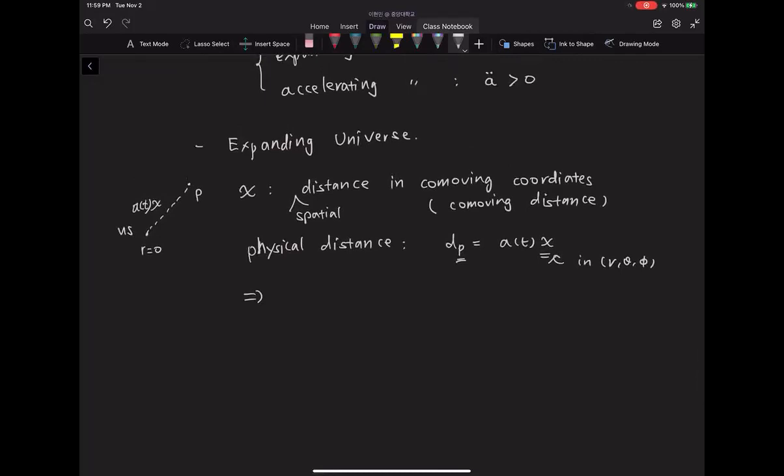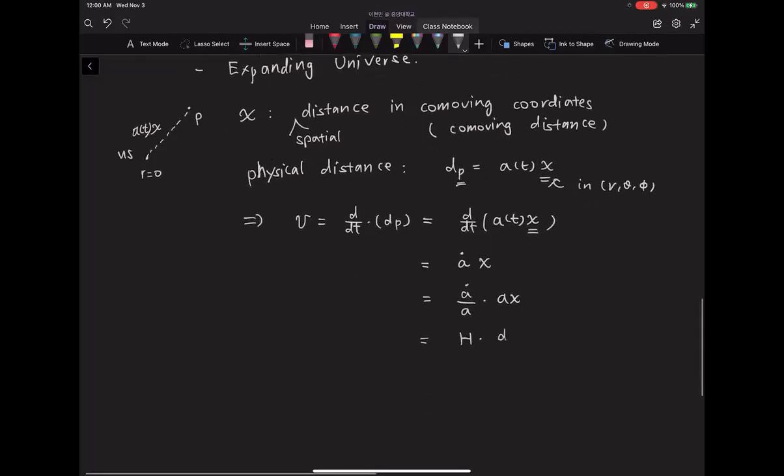Then if you take the time derivative of the physical distance, the chi, this comoving distance, is independent of t. So we have got this result, which is a dot over a times a chi, which equals the Hubble parameter H times the physical distance.